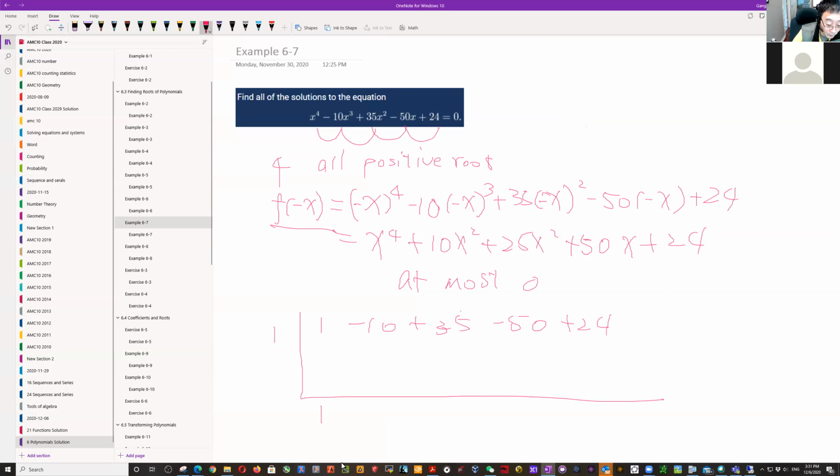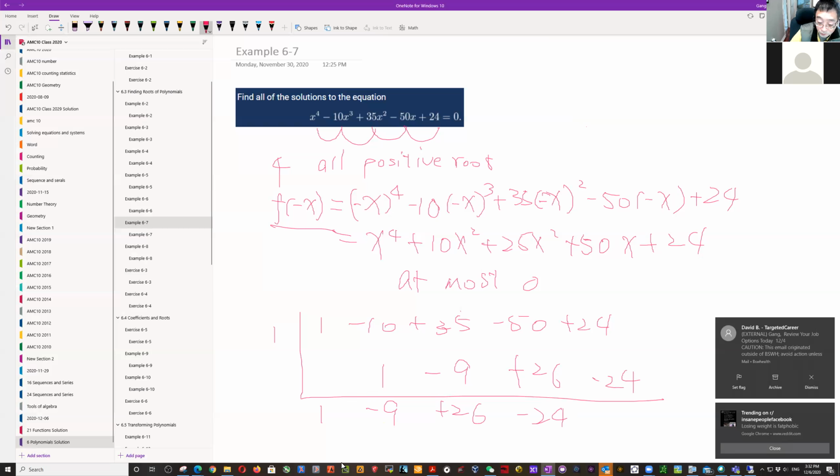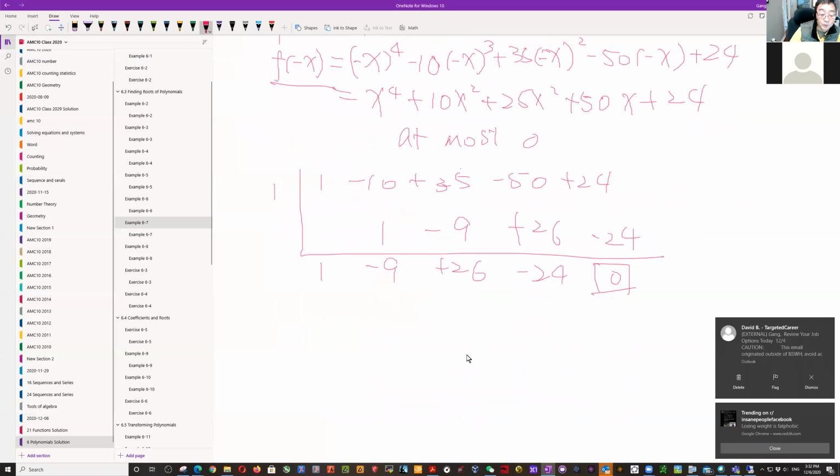So 1 multiplied by 1 equals 1, and negative 9 added together equals negative 9. This is plus 26, this is plus 26. This is negative 24 and negative 24. So basically this is 0. This looks good. And then we will try to find an extra solution.